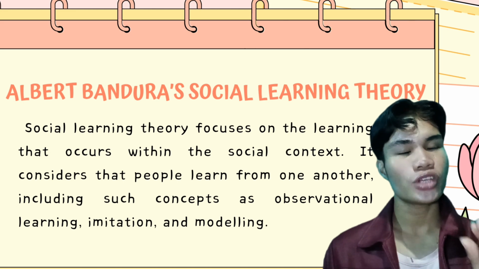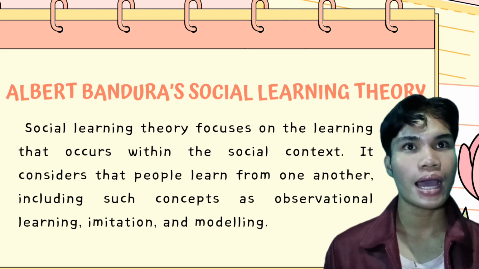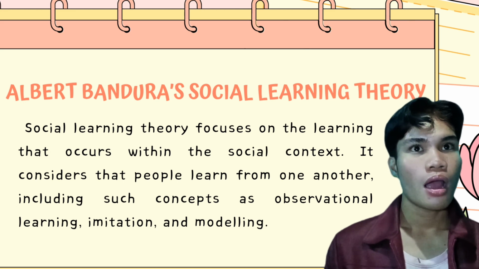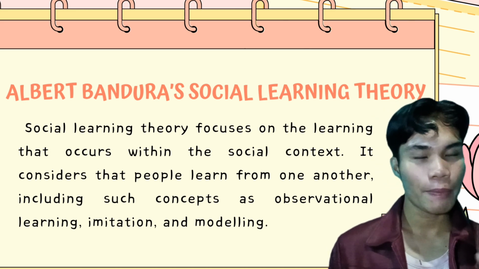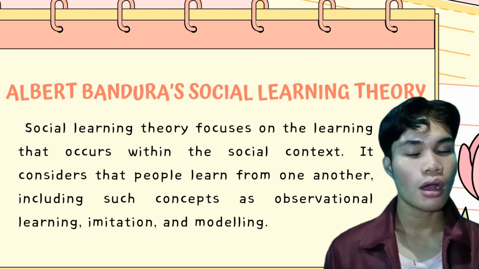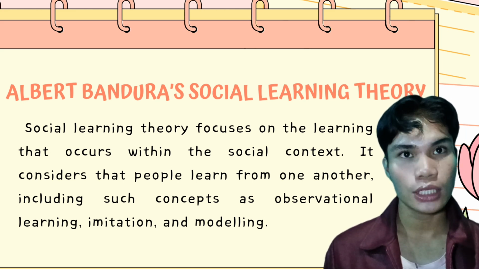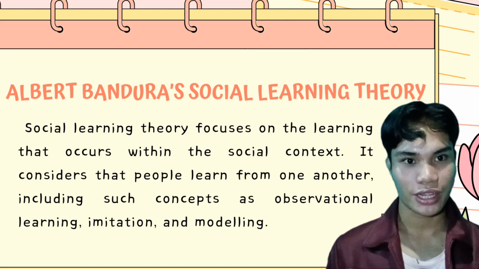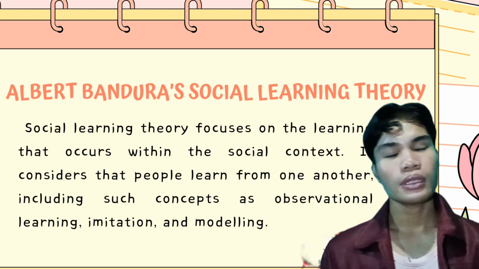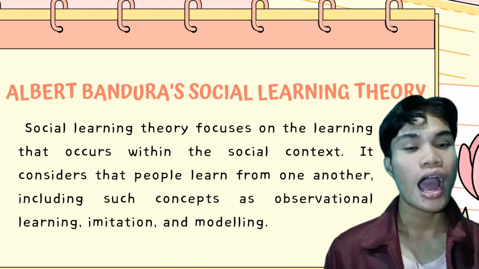It's not just about rewards and punishment, but it is also about watching, copying, and modeling the behavior of people around us. So this includes learning through observation, like imitation and modeling the actions of others.